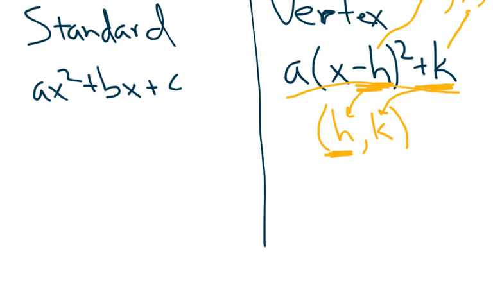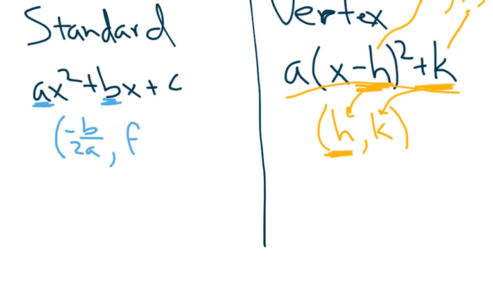Well, there is a trick, and you have to use the coefficients, whatever those numbers happen to be. So in order to find it, it's an ordered pair. Negative b over 2a. You have to plug in the values of a and b into this fraction, simplify it, and that gives you the x-coordinate.